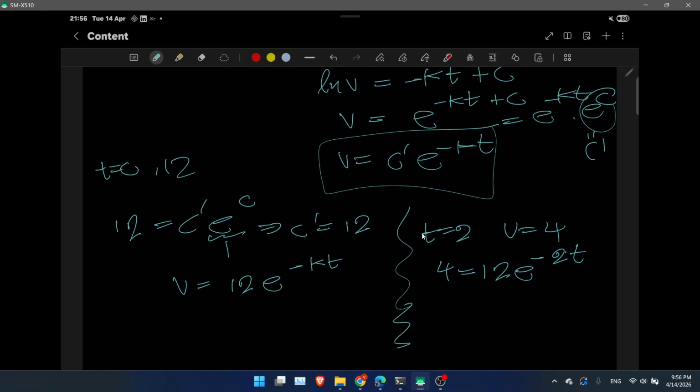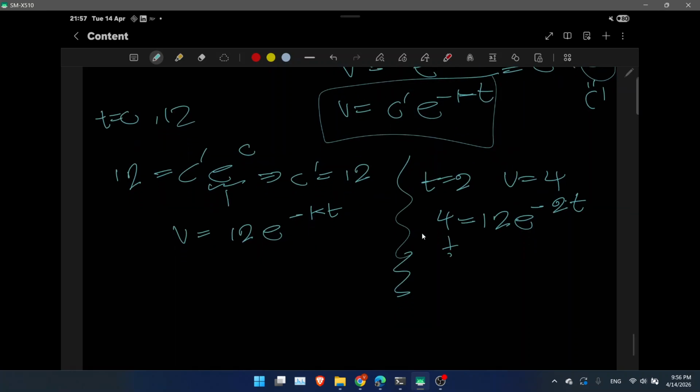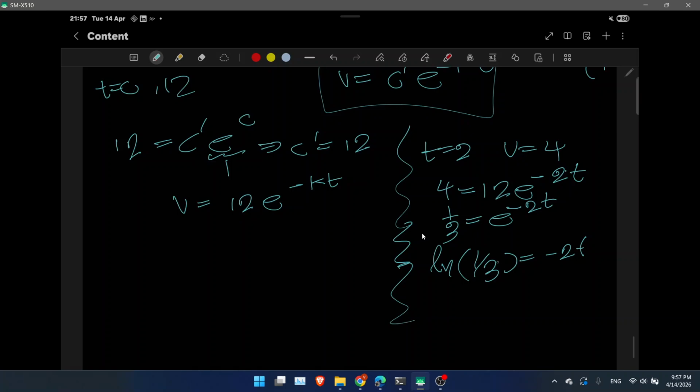So if you divide by 12 here, it's 1 over 3 is equal to e to the minus 2k. If you take ln on both sides, ln 1 over 3 is equal to minus 2k. If you bring the 3 to the numerator, the minus value, ln 3 is equal to minus 2k.